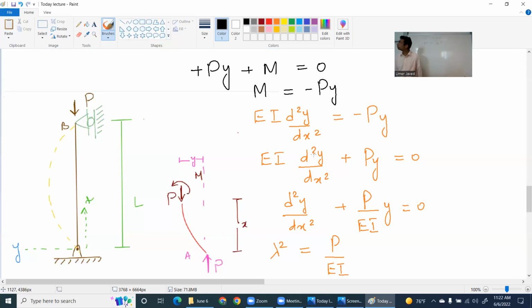Hocam, also I have a question about the moment's direction. For example, we cut it at the middle or somewhere. I look from here, I cut it from the right, I throw that portion and I put an anti-clockwise moment. We cut it like this. And you said that P is acting like this, and the moment acting like this.